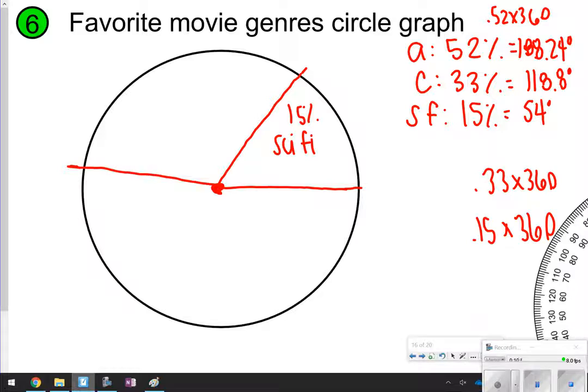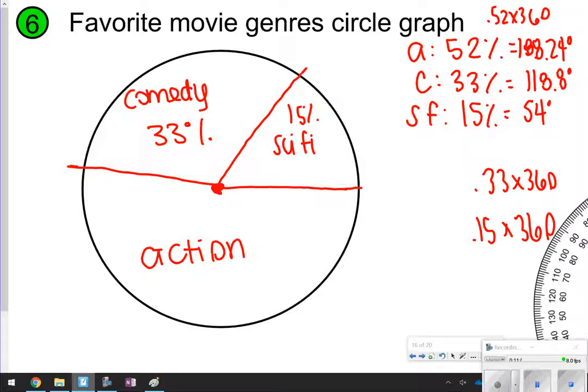Again, that one should look like a third of your circle, which means your action at 188.24 degrees should be your 52%. And notice it is a little bit bigger than your 180 degrees, and that's exactly what we need it at.